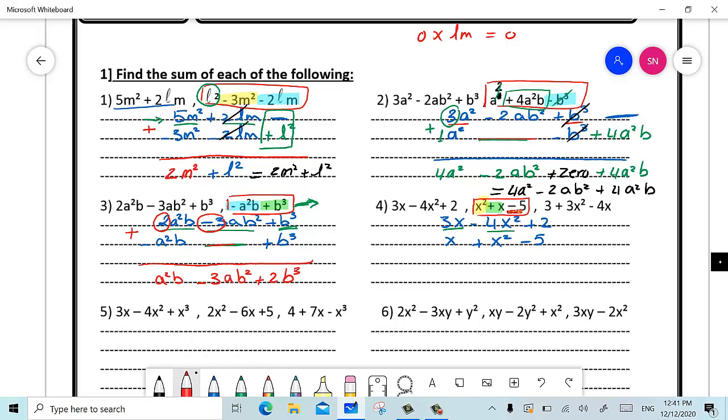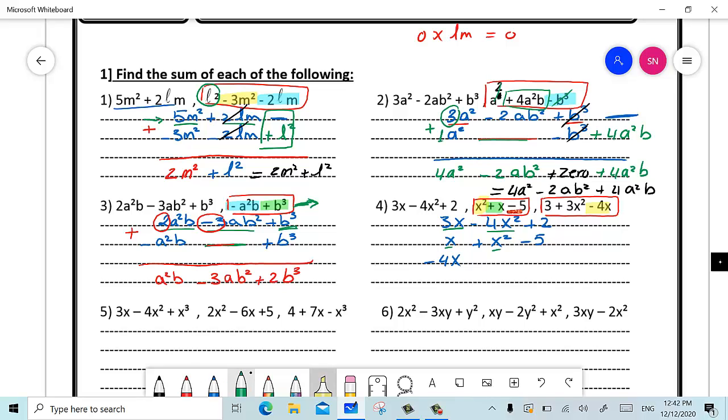Don't forget, we have 3 expressions, so I must also arrange the third expression. Again, I'm going to look for a term that has x. Here the term that has x is negative 4x, so I'm going to write here negative 4x. Then I'm going to see what the terms are that have x squared.